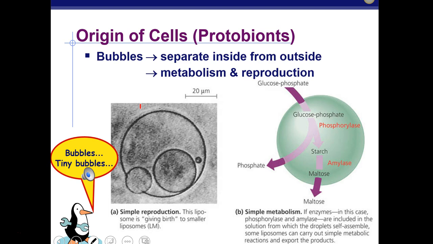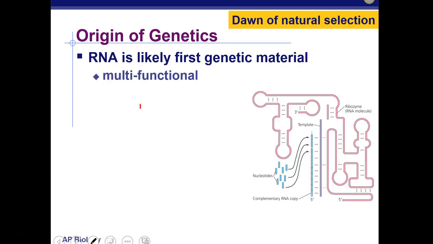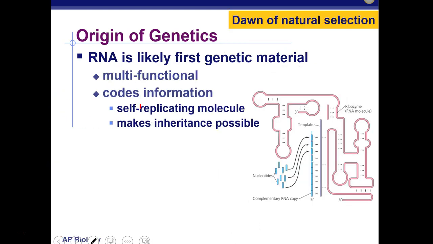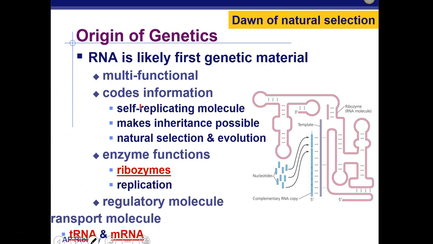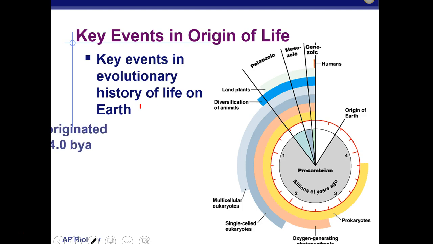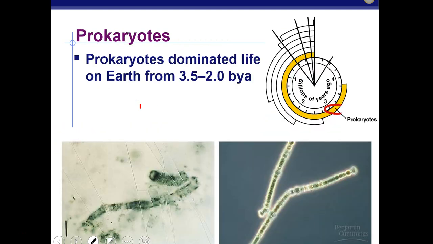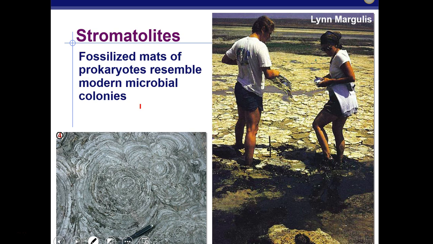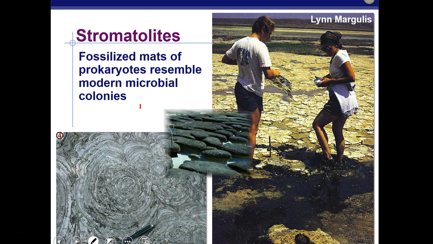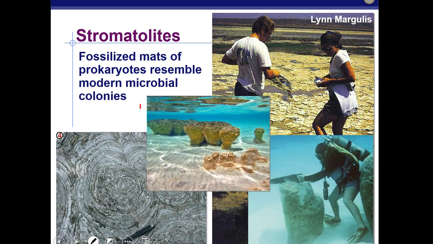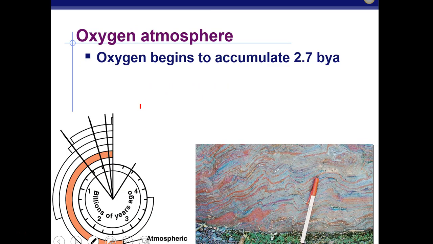So take a peek at the rest of the chapter. Make sure you know what defines life, and that whole abiotic theory. Then you can just look at these notes that show how, over time, we start becoming more complex and complex organisms.